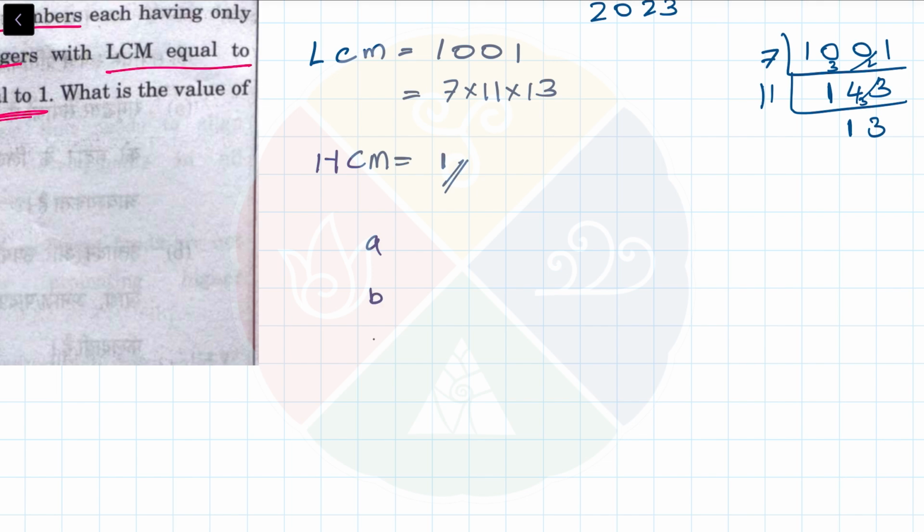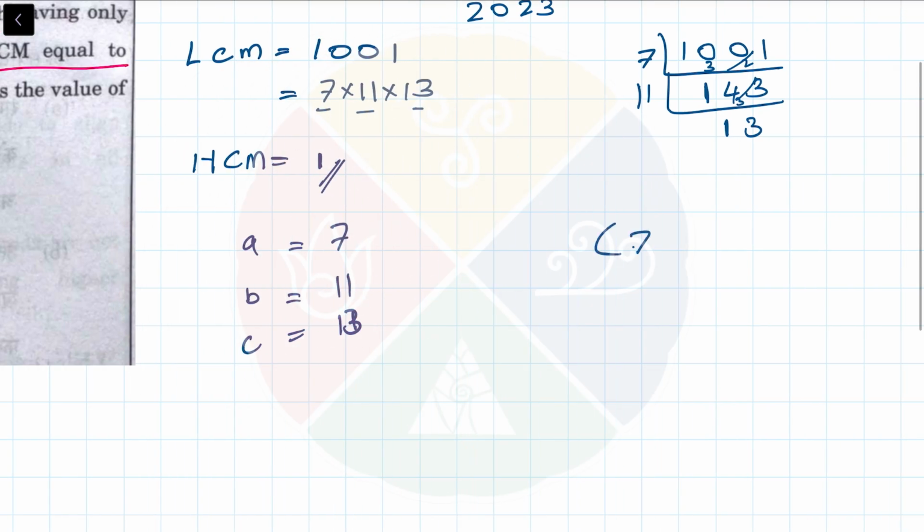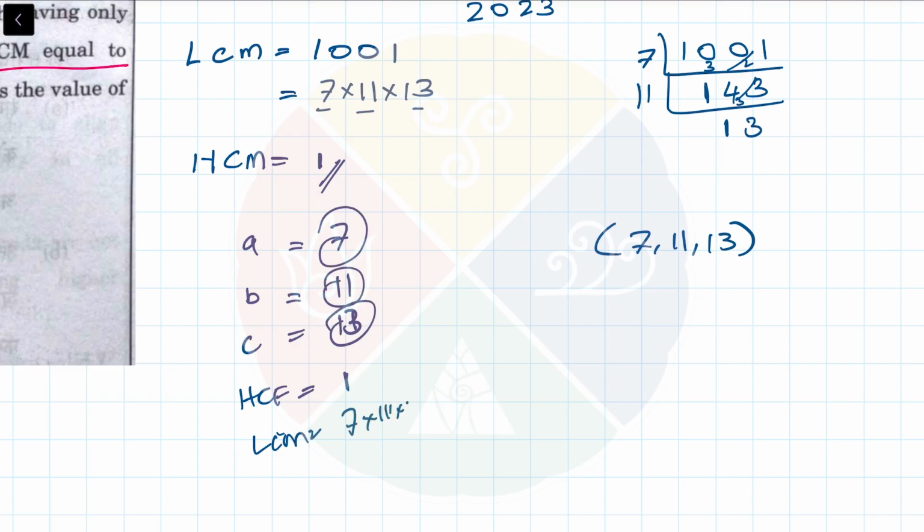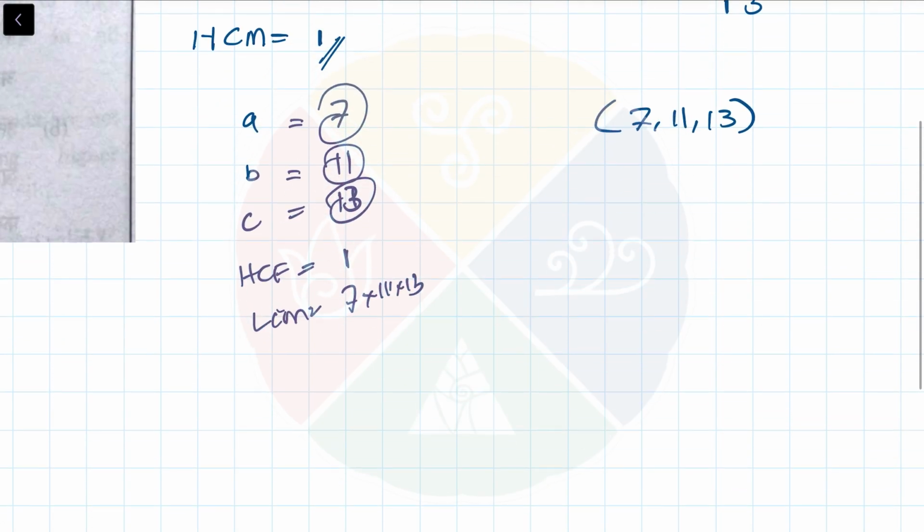A, B, C, 3 numbers. First, distributing them equally, I can say that the numbers can be 7, 11 and 13. That is one combination. If you check the HCF, nothing is common, therefore HCF will become 1. LCM is 7 into 11 into 13. Now the next combination, I can make several combinations like this.